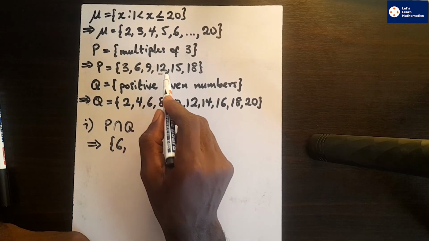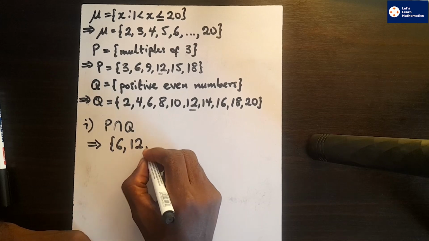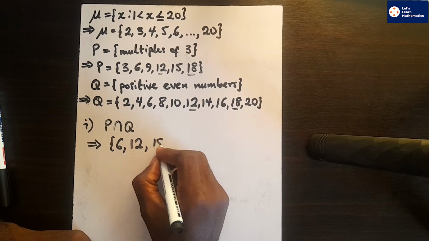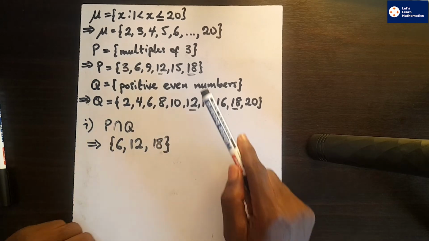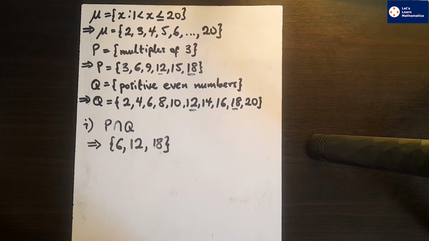Then the next one is 12, because I can see 12 in both sets. The next is 18. So these are the elements present in P and at the same time Q. That solves the I part for us.